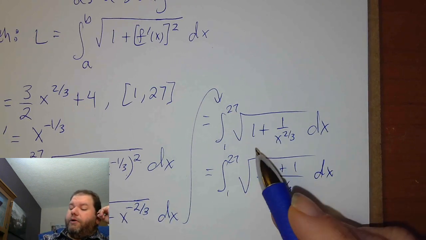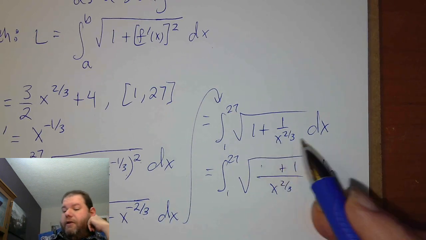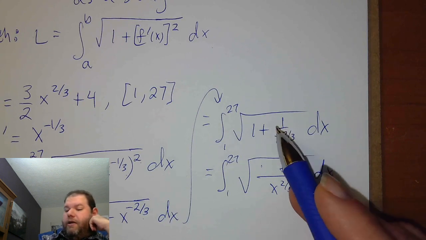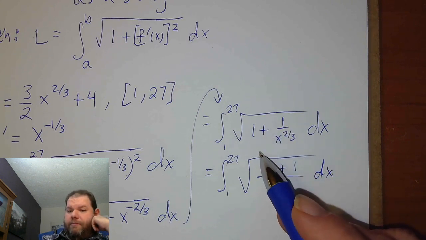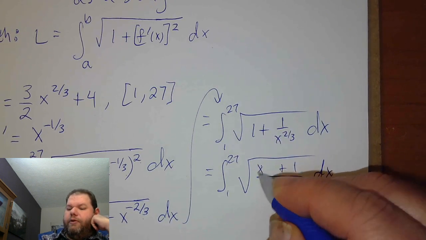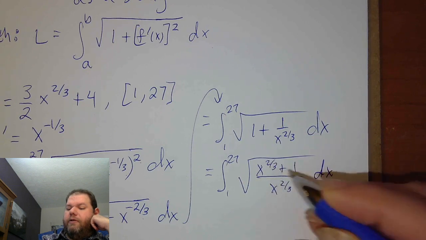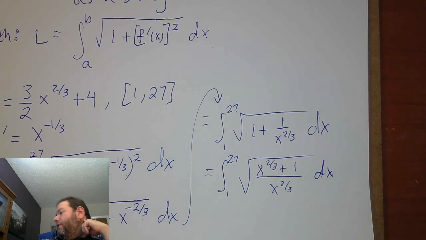Well, if this is a 1, in order to get a common denominator, we'll have to multiply by x to the 2/3 on top and on bottom. So 1 times x to the 2/3 is x to the 2/3.